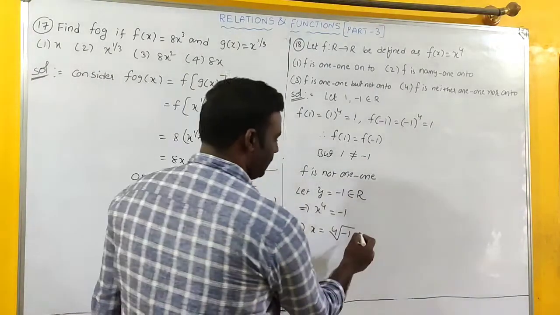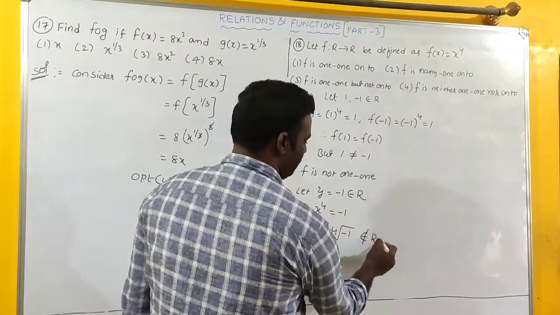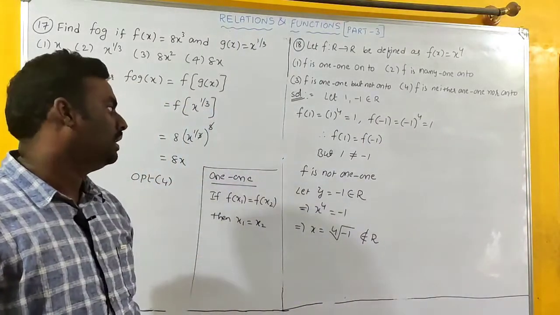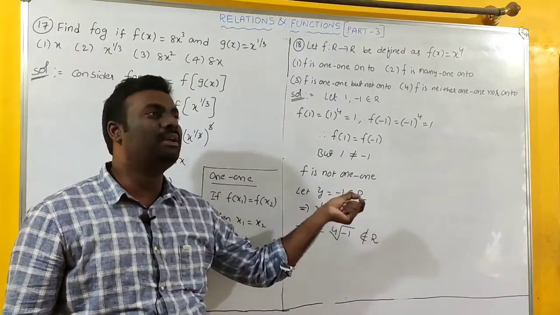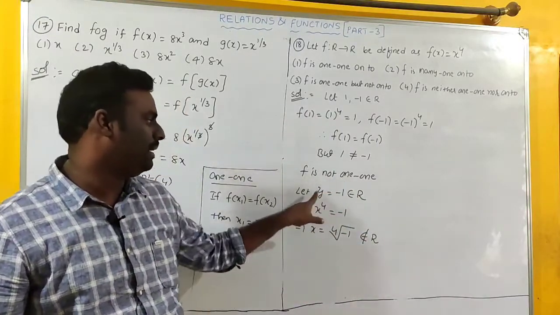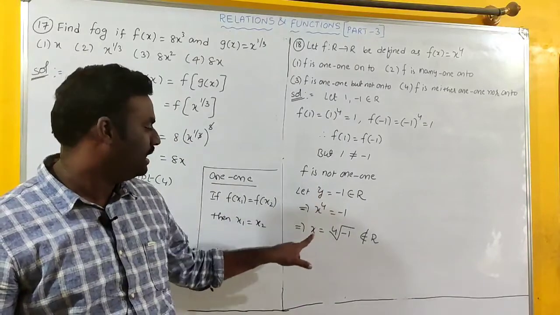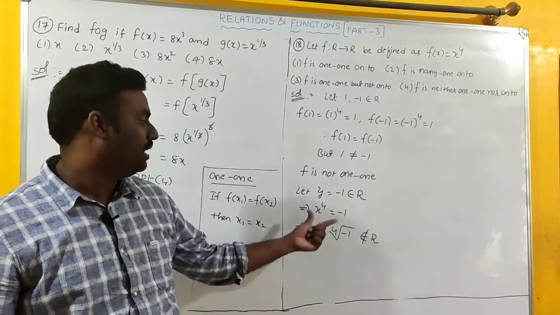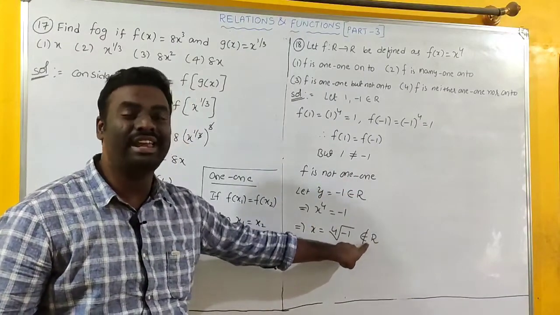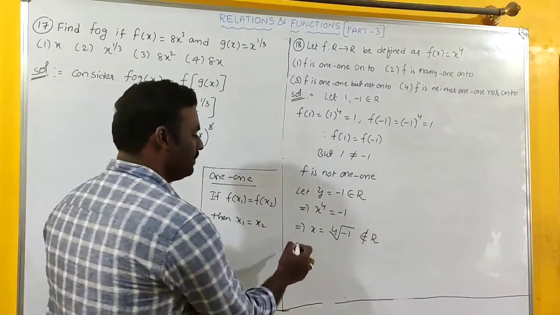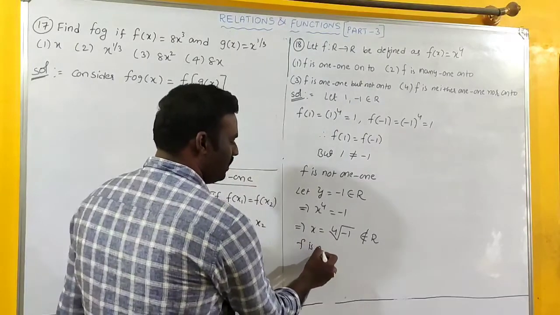This is not a real number. If I take an element in the codomain, it does not have a pre-image in the domain. See, y means the value in the codomain, x means the value in the domain. If I take a value in the codomain, its pre-image does not exist in the domain. That's why f is not onto.